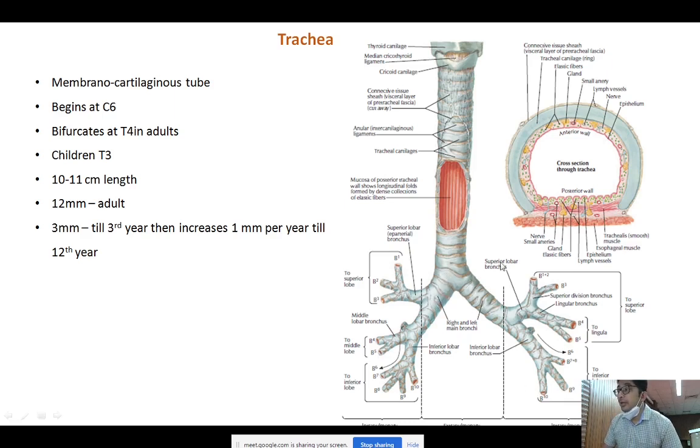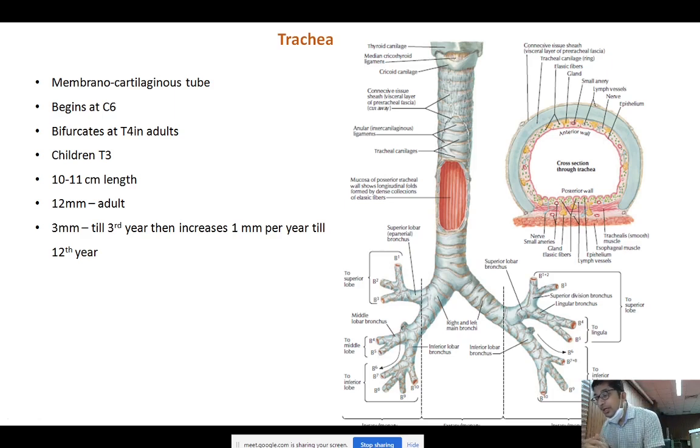Now this tracheobronchial tree, I think it's already been done, so we won't be discussing it in detail. There are these bronchopulmonary segments, 10 on each side, which have clinical significance. What are bronchopulmonary segments? Anyone? How can you define them?